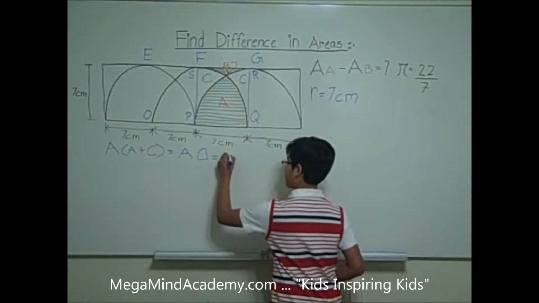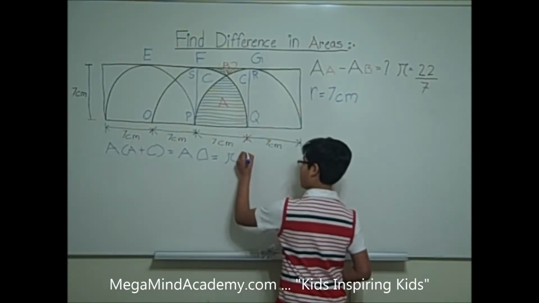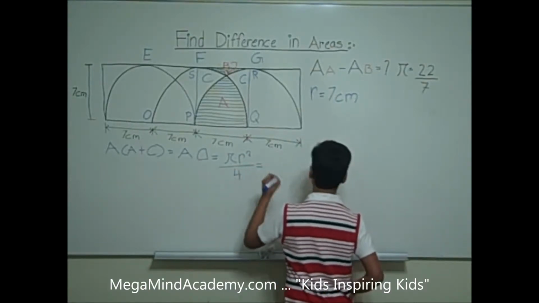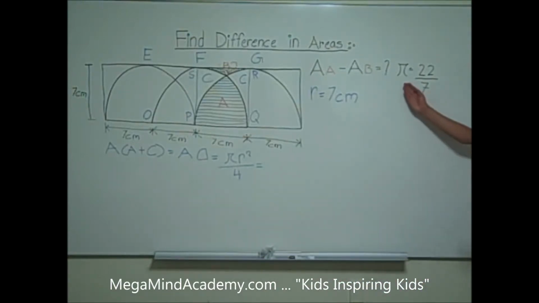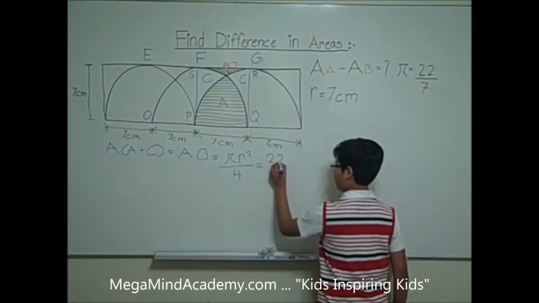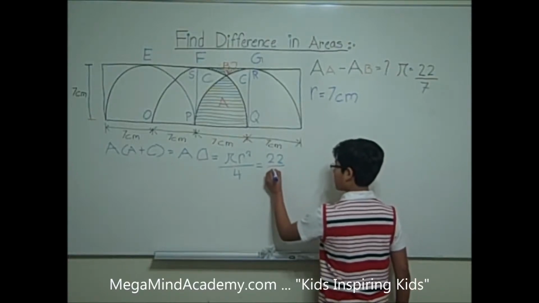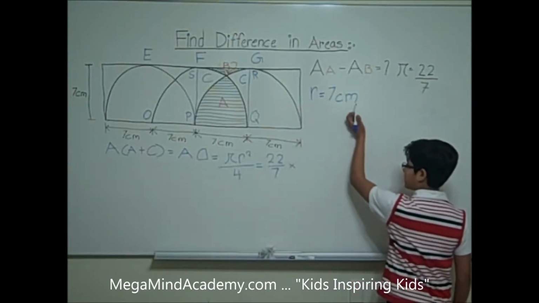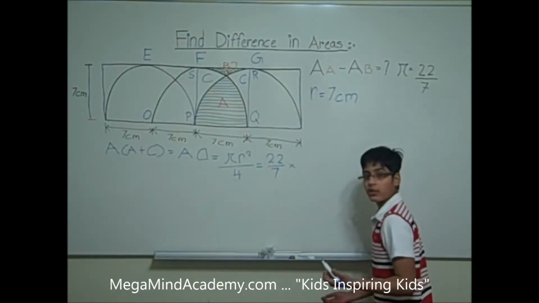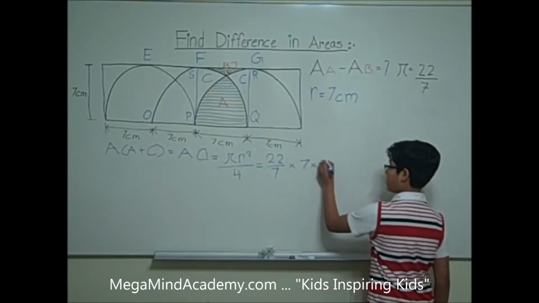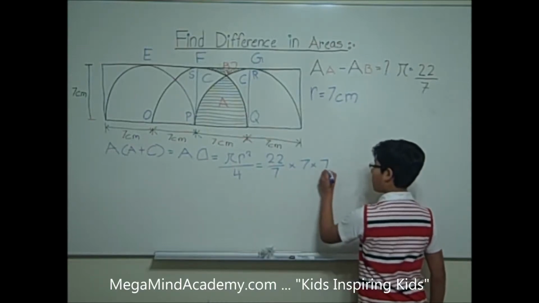So the area of a circle is pi r squared divided by 4, which is equal to, the problem says to use pi as 22 over 7, so 22 over 7 times the radius, 7 centimeters. Radius squared is equal to the radius times the radius. So times 7 times 7 over 4.